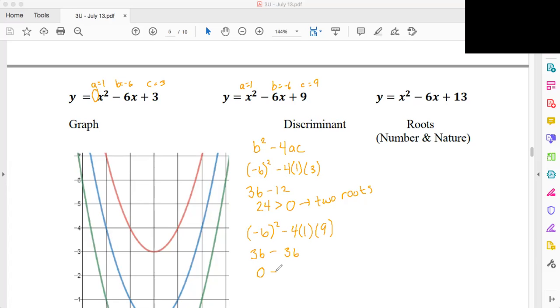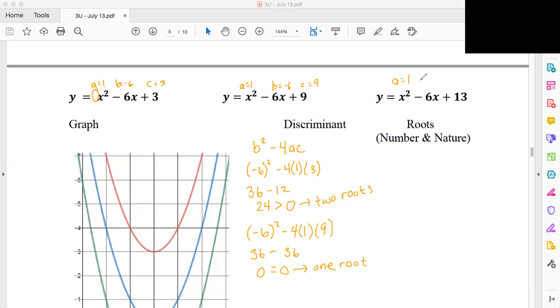So that gives us 0, and that means that there's only 1 root. And that would be this blue line here. It just goes to 3, 0, and there's the 1 root, and that's it.